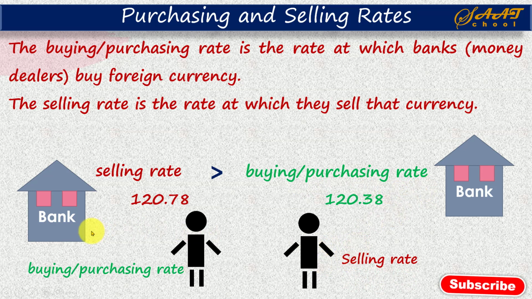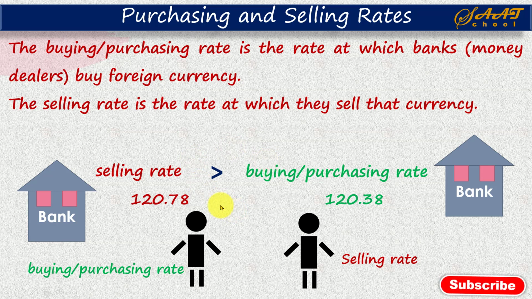So the interesting thing is, when the bank sells to you, it sells at a higher price. When the bank buys from you, it buys at a lower rate. And from your side, you purchase from the bank at the higher rate, and you sell to the bank at the lower rate. So here the bank makes some profit from the selling and buying rate.